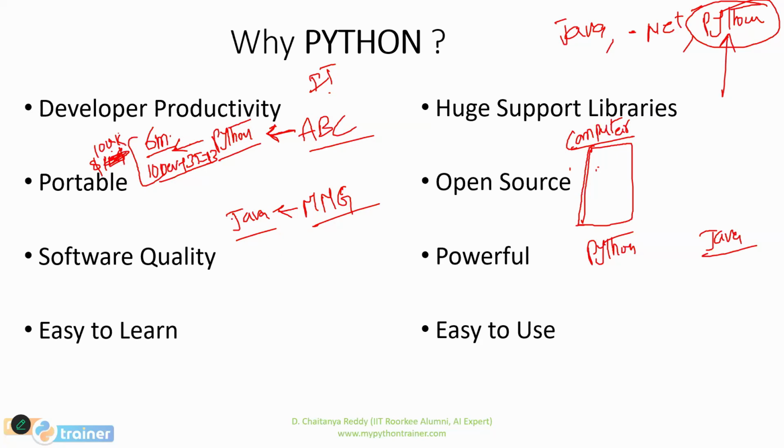Now the MNG company, which decided to build the application in Java, estimated that the application should be built in almost 10 months, and they need 13 developers plus 4 testers, totally 17 members in the team.